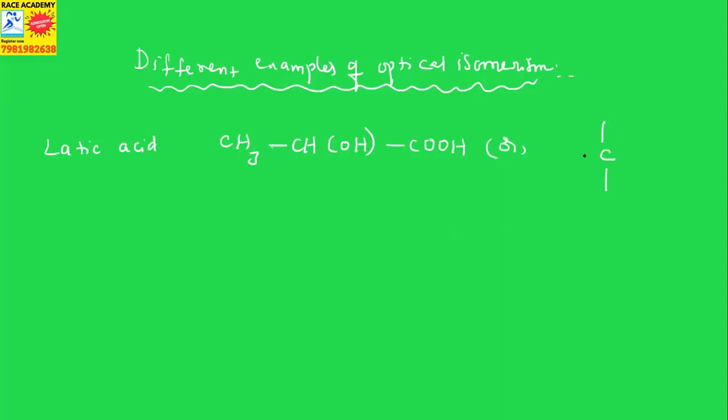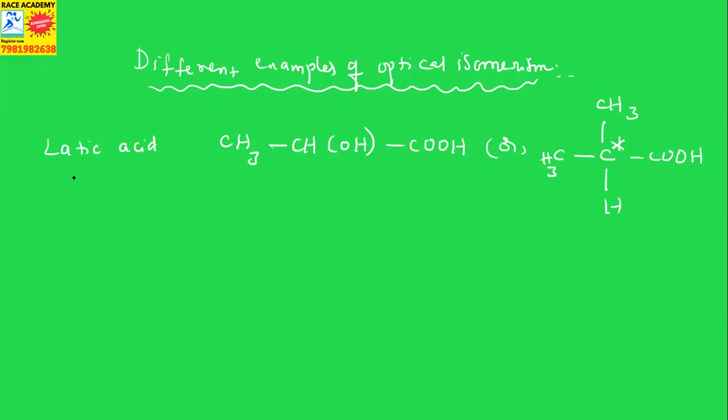As we discussed about a chiral carbon, we can write the chiral carbon like this, and this is CH3, this is H, this is COOH. And here I am putting a star on this carbon. The star indicates that it is a chiral carbon, and you can say it is optically active.